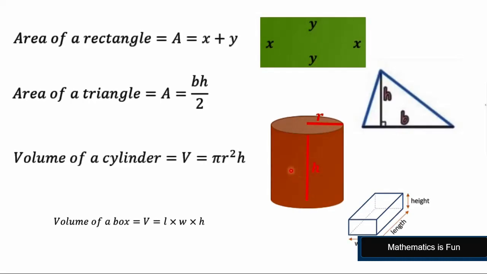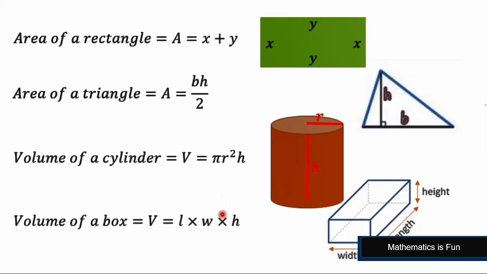So to get the volume of the cylinder, we require two inputs. In these three examples, you can see we have to input two values to get the required output. Such types of functions are also known as bivariate functions.